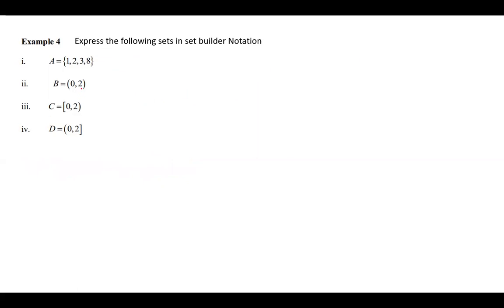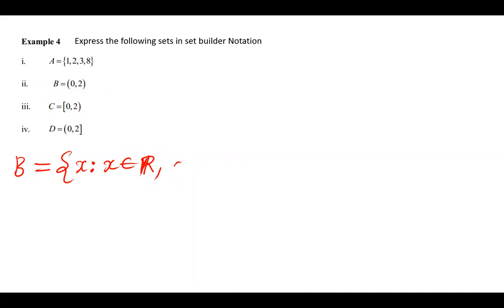This one is also straightforward. What you just have to do is write it in a simpler form as B is equal to X such that X is a member of real numbers.